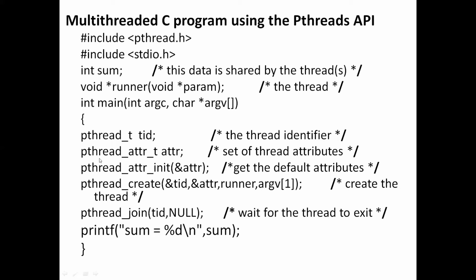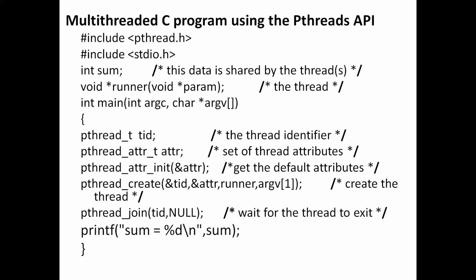Next statement, pthread_attr_t attr. That means we are setting thread attributes. Attr specifies attribute. By using this attr attribute, we can modify the attributes of a thread.